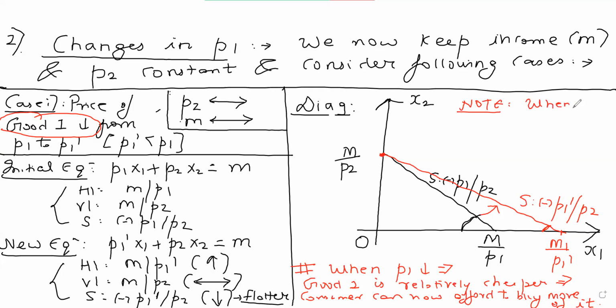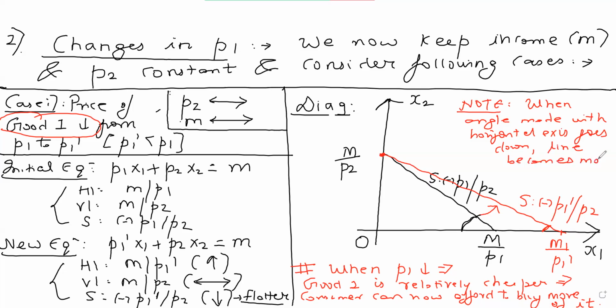When the angle made with the horizontal axis goes down, the line becomes more flatter. You can clearly see that the angle made with the horizontal axis has gone down from this much to only this much. That means my budget line has now become more flat.